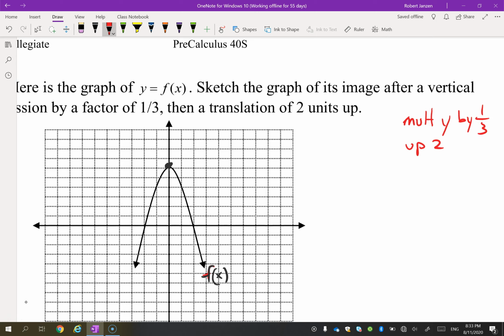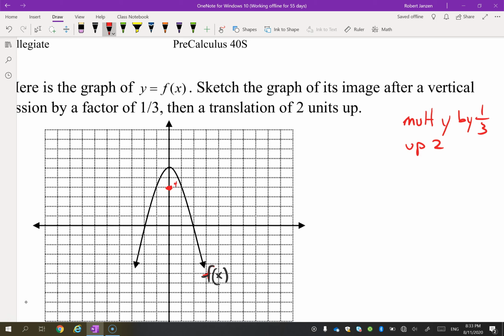So then go up 2, and we can do this in one step. So what is the y value right here? It's 1, 2, 3, 4, 5, 6. If I multiply that by 1/3, it becomes 2, and then I go up 2. There it is. That's the new point.